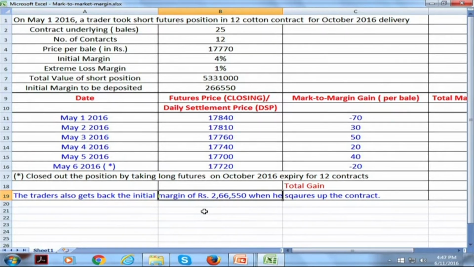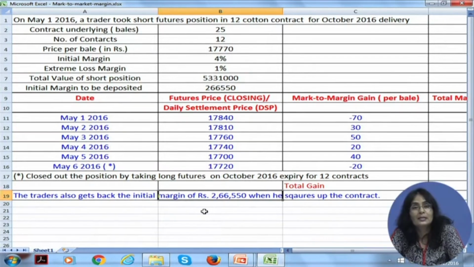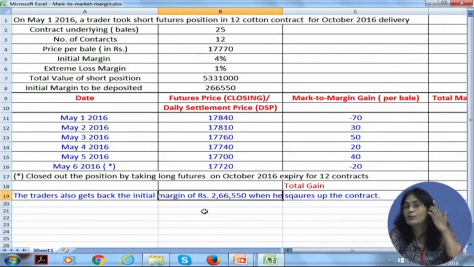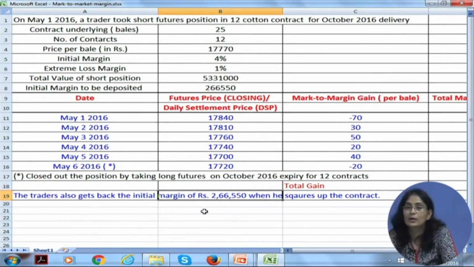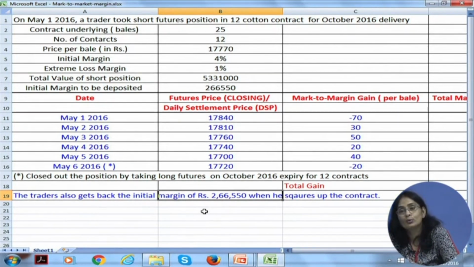One thing I would like to say here is that this is a mark to market margin calculation for only one contract. Let us say the cotton producer has taken a short futures contract in the October 2016 contract as well as a short futures contract in the November 2016 contract. The mark to market margin calculation will be done separately for both of these contracts.